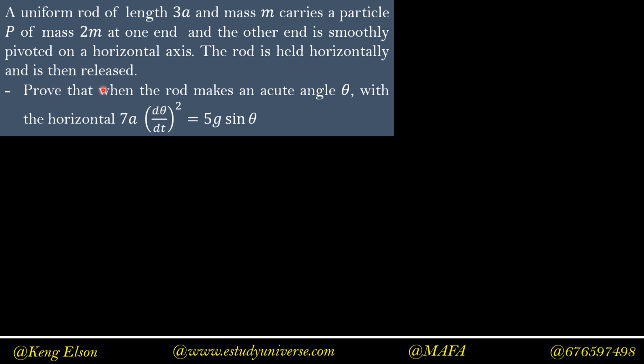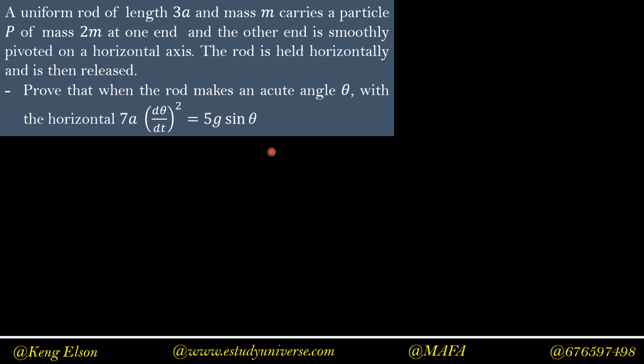We need to prove that the equation of motion of this rotating body, which is a combination of a rod and a particle, is 7a (dθ/dt)² equal to 5g sin θ, where θ is the angular displacement, that is the angle that the rod makes with the horizontal. It has been specified that it's an acute angle, which means that it's less than 90 degrees.